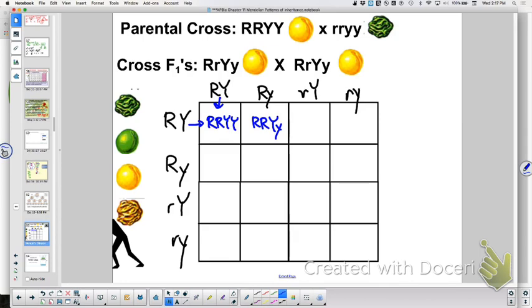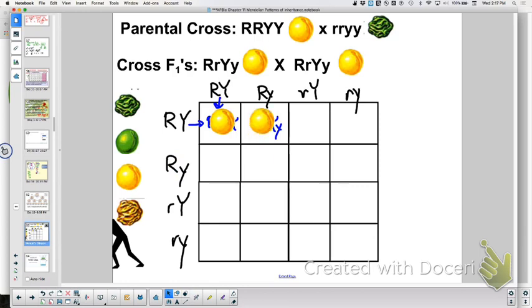Okay, now, do you see the two different genotypes? Do they have the same phenotypes? Because this one's going to be what? Don't say that. Give me the phenotype. Round, yellow. Okay. Round and yellow. What's this one going to be? Round and yellow. Can you think of a pattern for this whole row?